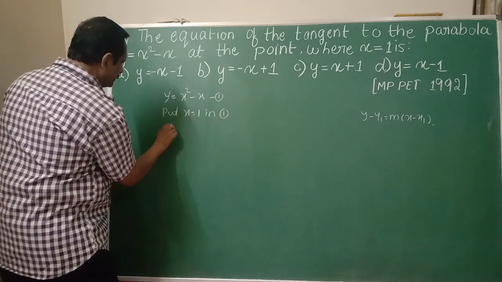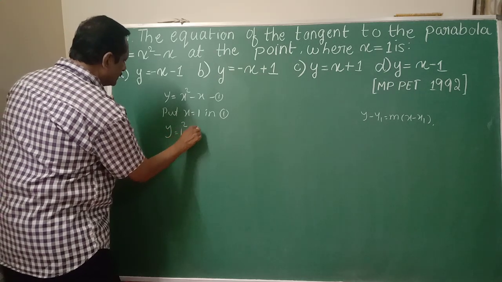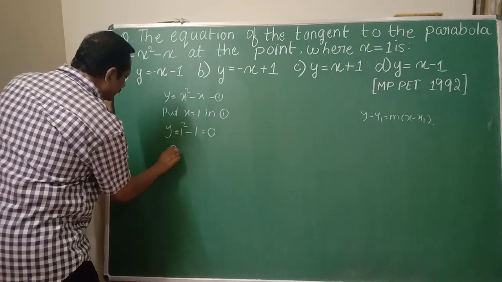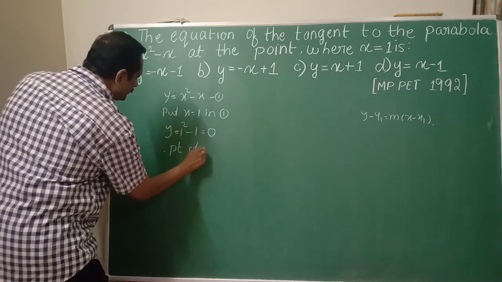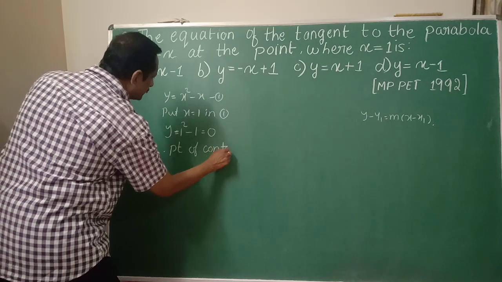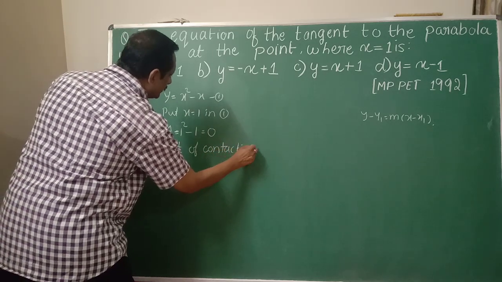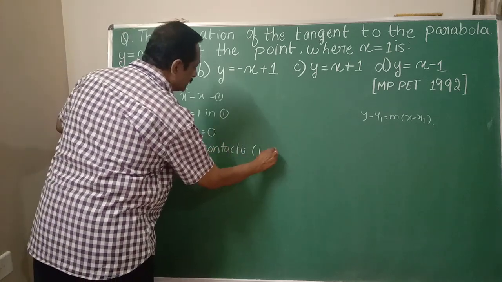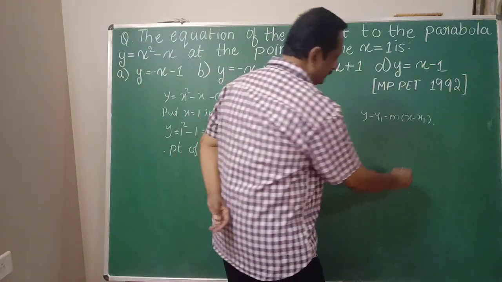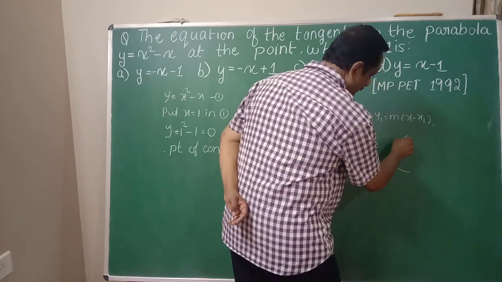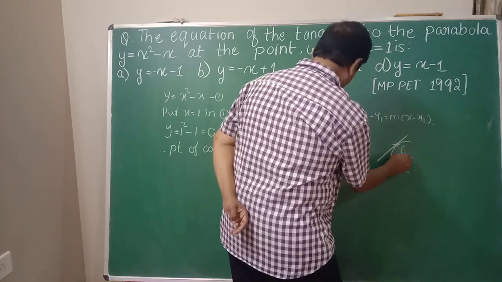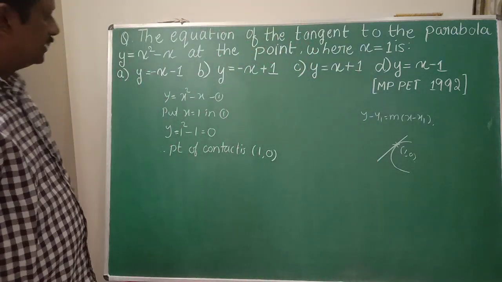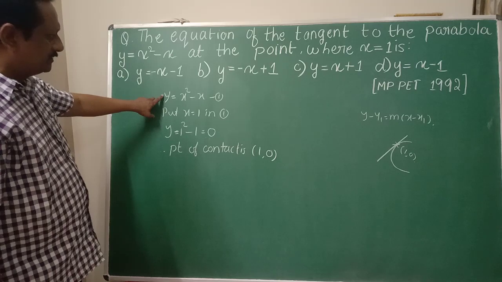Hence y is equal to 1 square minus 1, which becomes 0. Therefore the point of contact is x is 1, y is 0, that is (1, 0). If this is a parabola and this is a tangent, then this point is called the point of contact, with coordinates (1, 0).